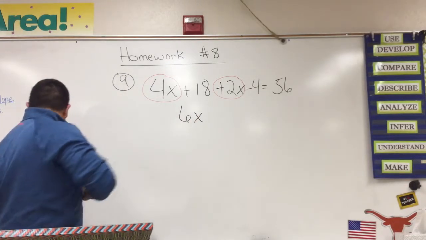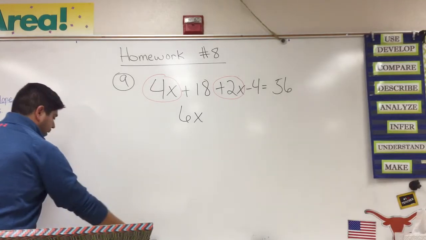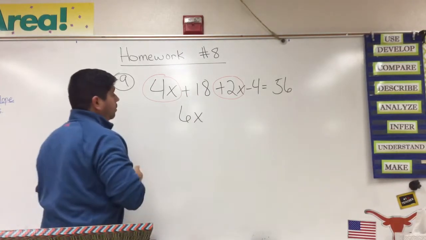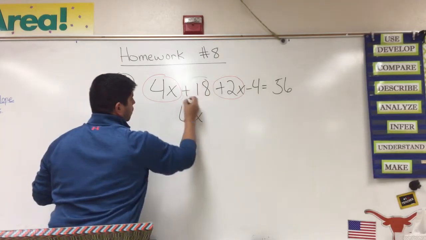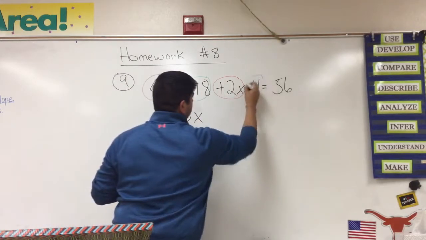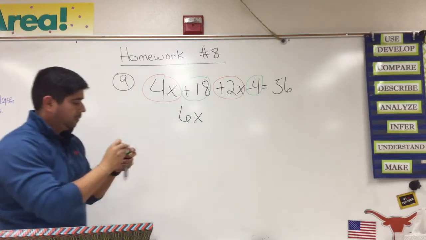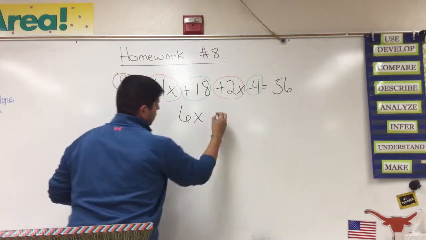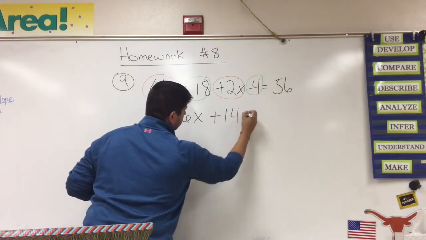Now next I need to take my constants, the numbers that don't have a variable with them, and combine those together. So plus 18 and then minus 4, which is basically 18 minus 4, so it's going to be plus 14.